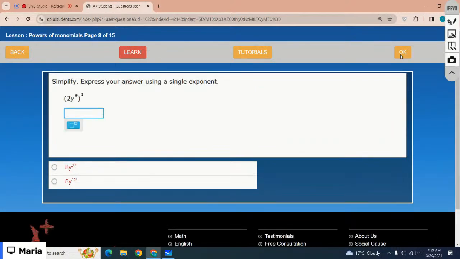The next one is 2y9 cube, which is the correct option.